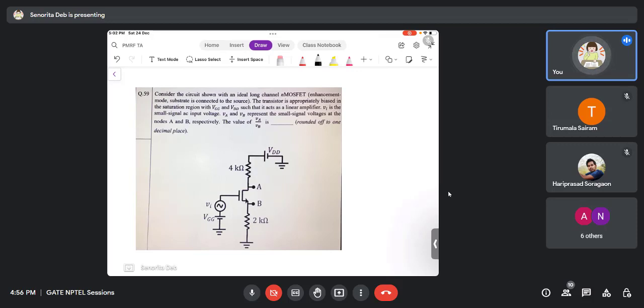You remember they are asking for small signal voltages. They are not asking DC. They are asking for small signal voltages. Okay.